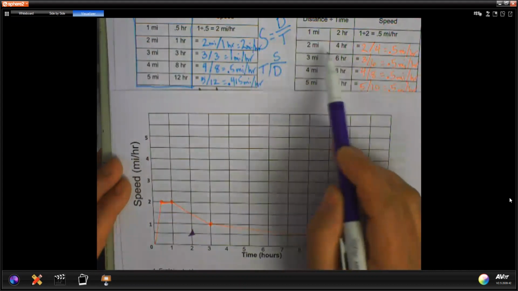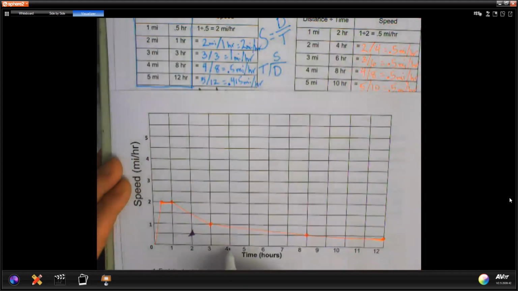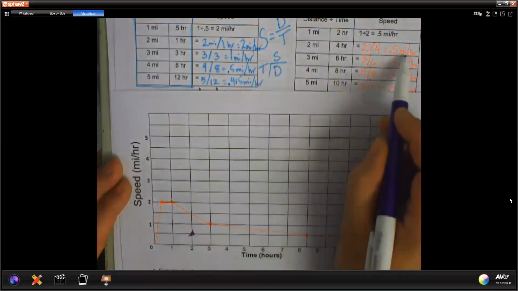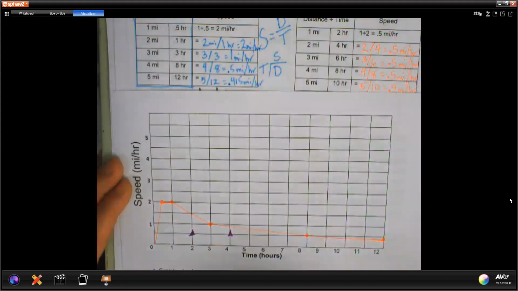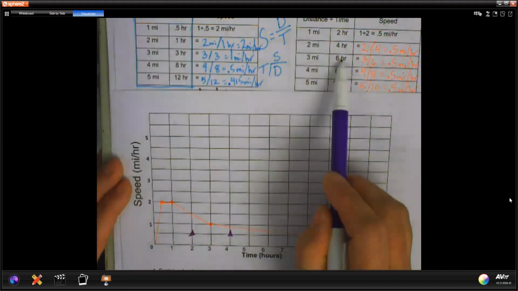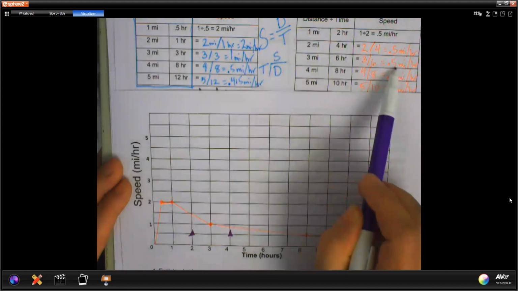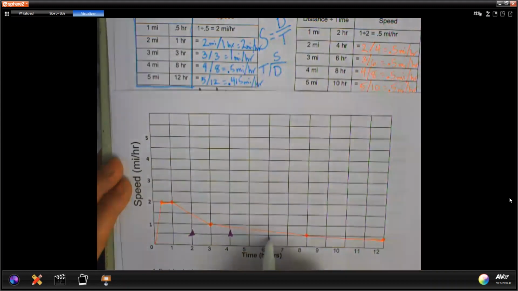Our next one is 4 hours for time and 0.5 miles per hour. Draw our next triangle. Our next one is 6 hours of time at 0.5 miles per hour. So our 6 makes half.